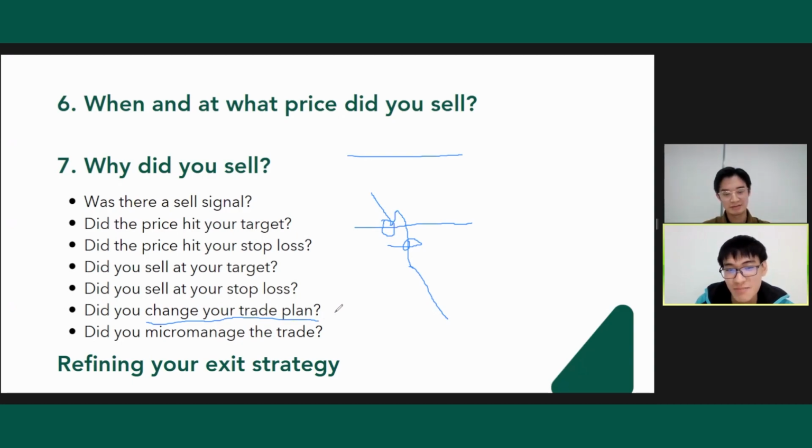But he micromanaged the trade into a short-term trade once he saw a bearish signal. That was a terrible mistake. So that's what we're saying, right? You really have to reflect on why you sold. Was it the right decision to sell, or was it not? And basically with that, you're refining your exit strategy, right? So there.